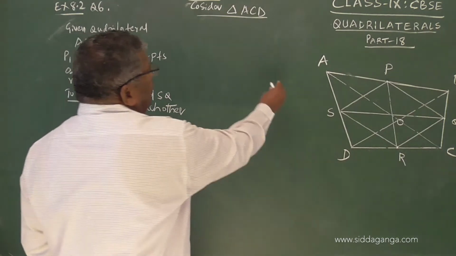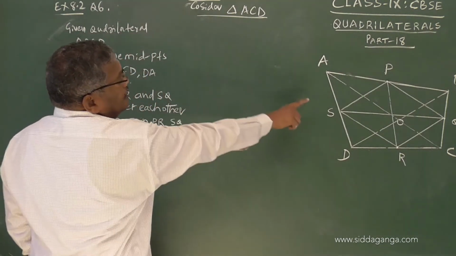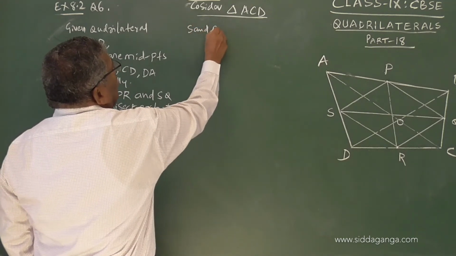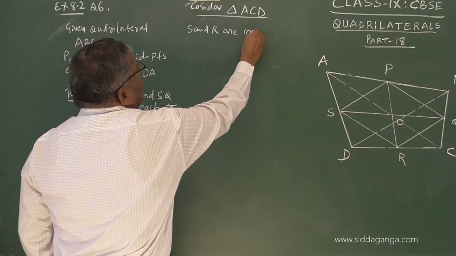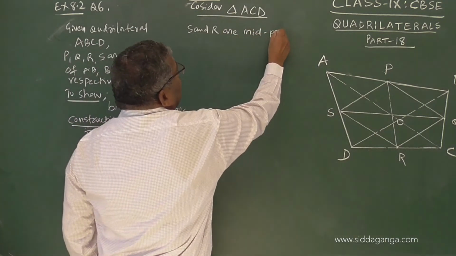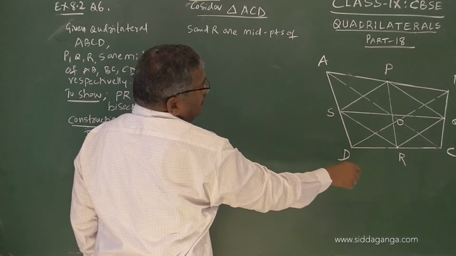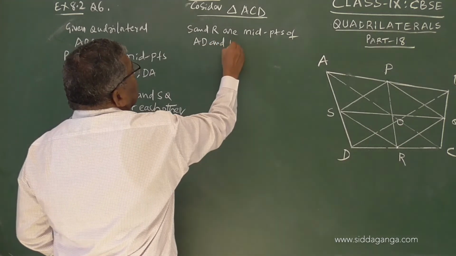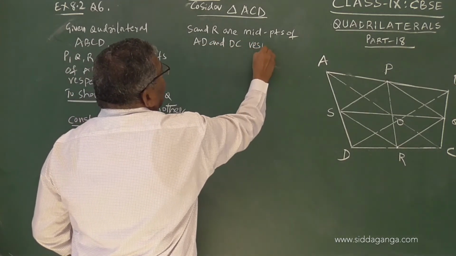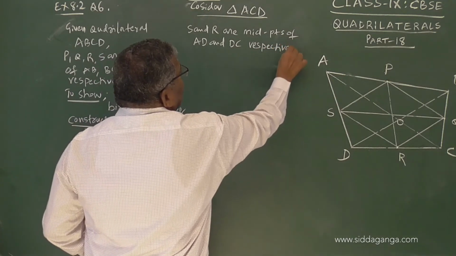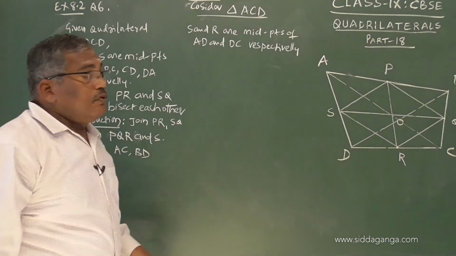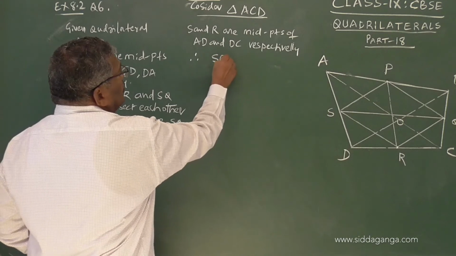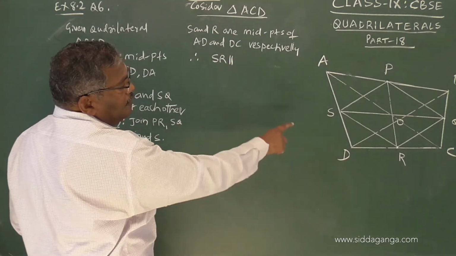So, here I will write in this triangle, S and R are midpoints of AD and DC respectively. Therefore, we can straight away say SR is parallel to AC.